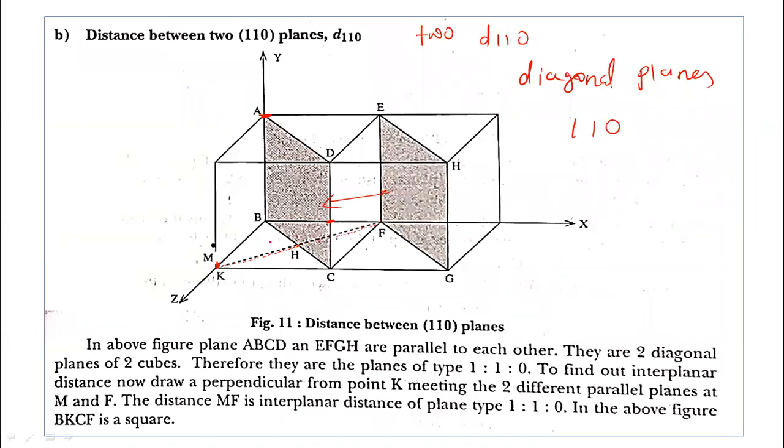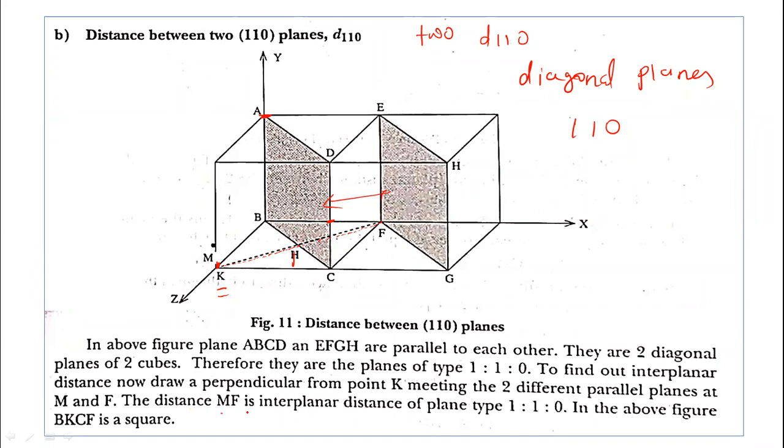Drawing the perpendicular from this point K and meeting the two parallel planes at M and F. Sorry, H and F, not M here. Or we can take this as M, whatever. This is M here, at M and F.